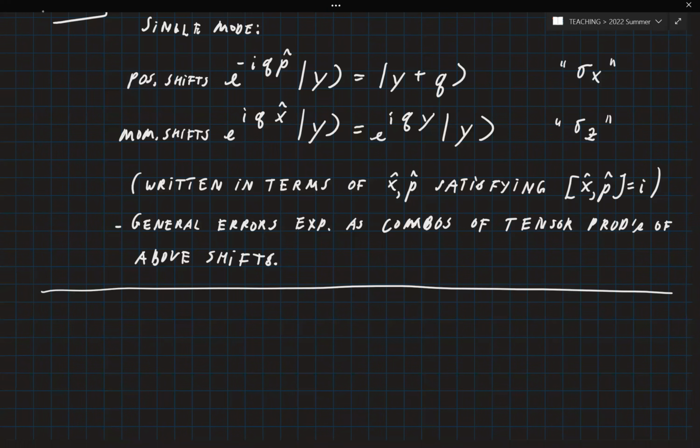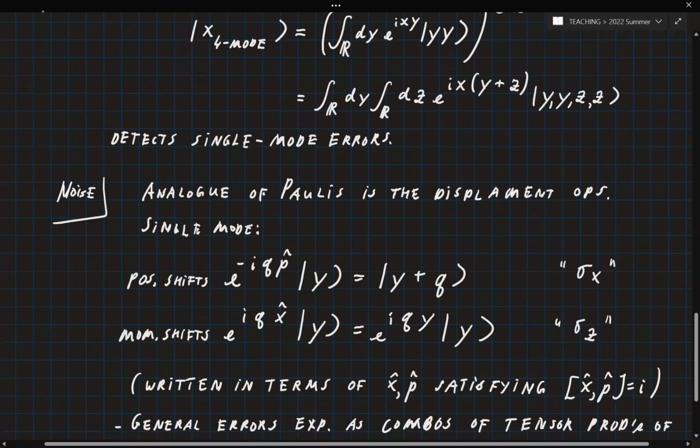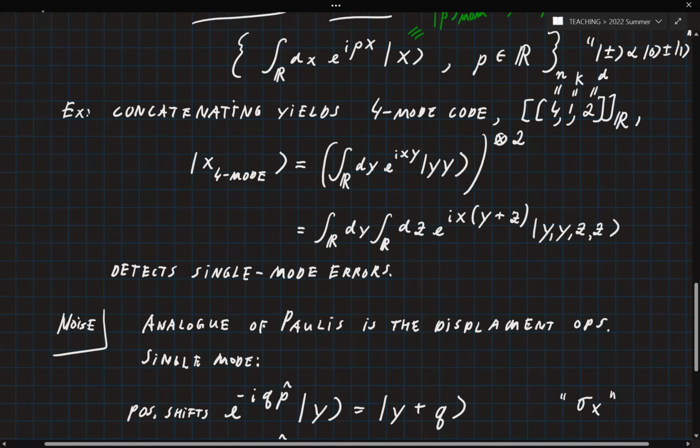Now we go into a more general class of codes that generalize the repetition code and the 4-mode code. Any questions? We're good? Yeah. Does a position shift have to be an infinitesimal shift? No, in this case, any position shift will do as long as it's on a single mode.